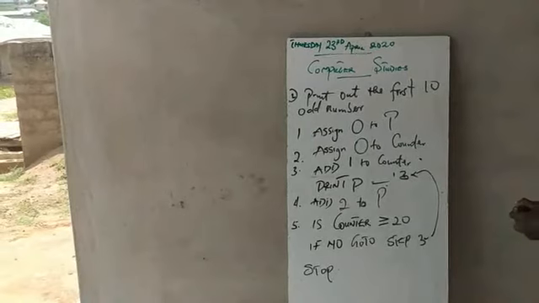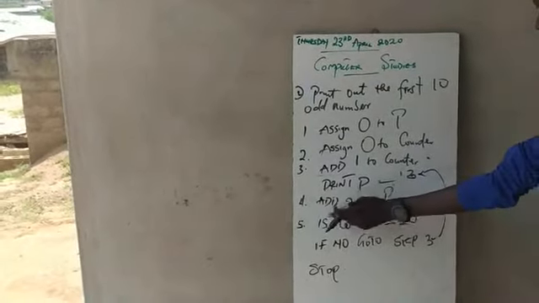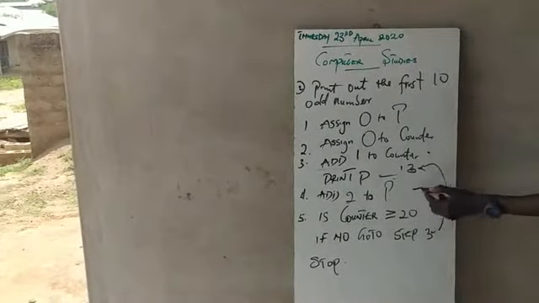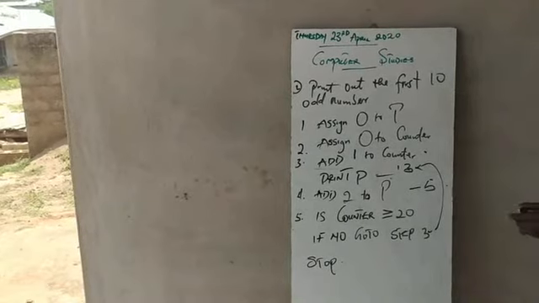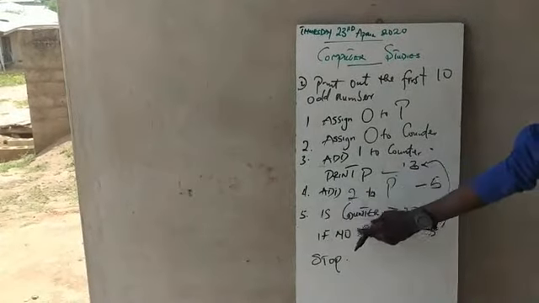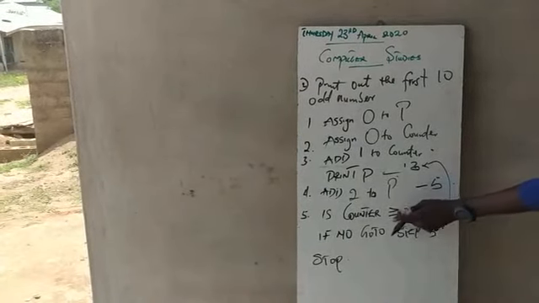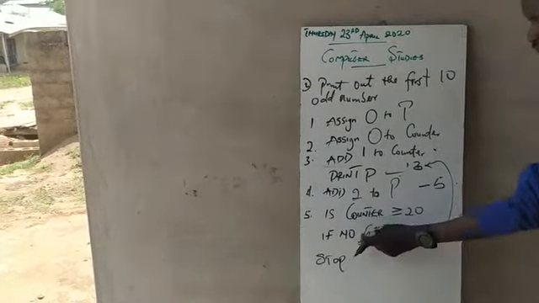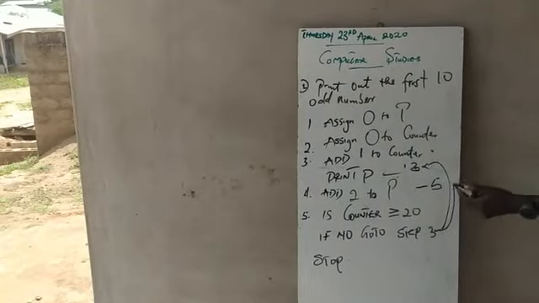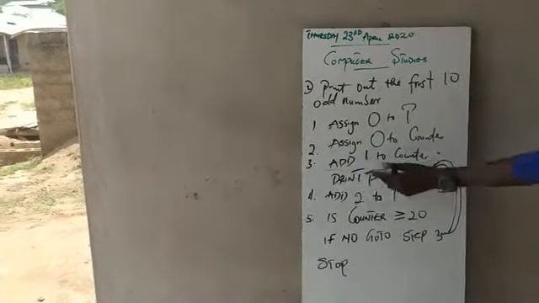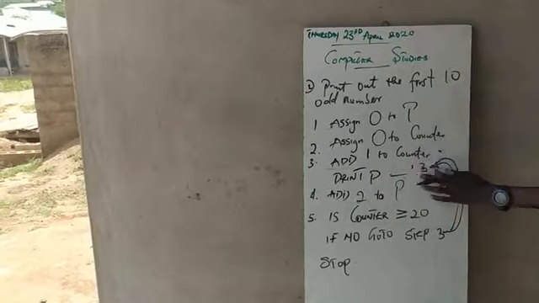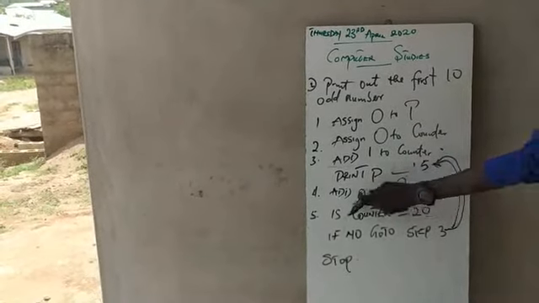Am I communicating? So step 4, if you add 2 to P again, P will now be 5. Then step 5 says is counter greater or equals to 20. If no, go to step 3. You loop again, it will come back here. You now print P. At this point, P will be 5.